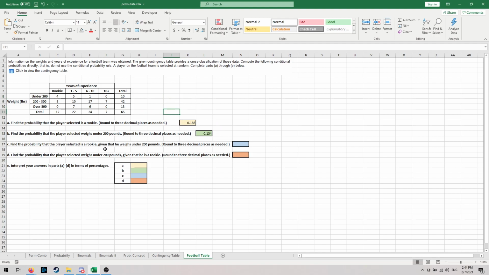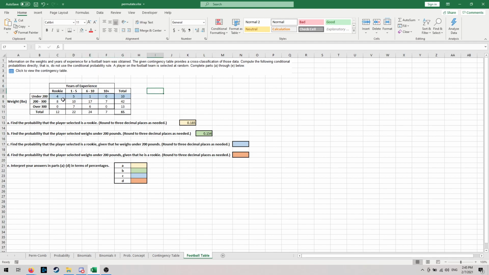So parts C and D are a tiny bit more complex. We've got to interpret the table a little bit differently. So we're asked, if a player weighs under 200 pounds, how likely is it that he's a rookie? All we care about here is the players who weigh under 200 pounds. So we're looking at this row.